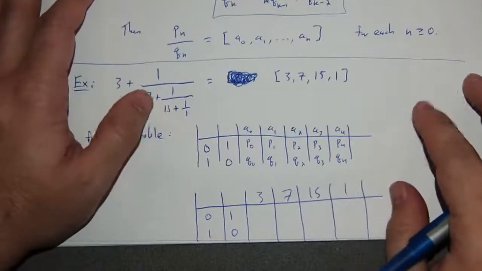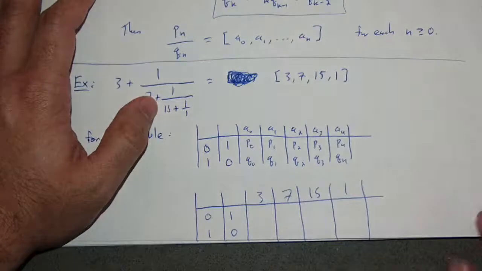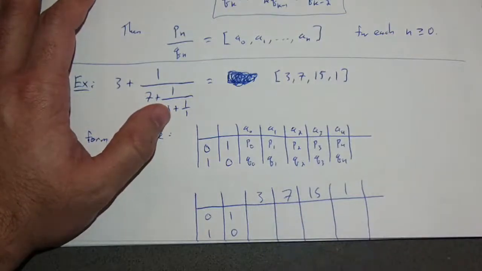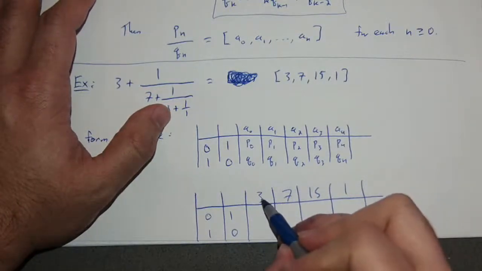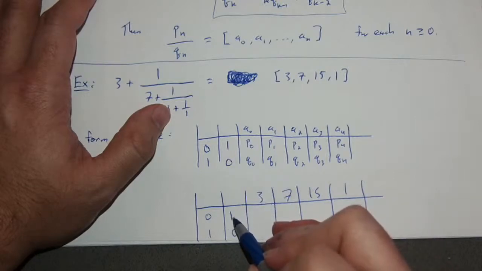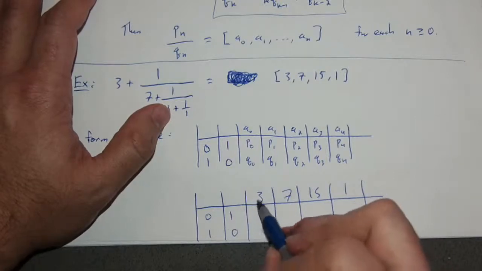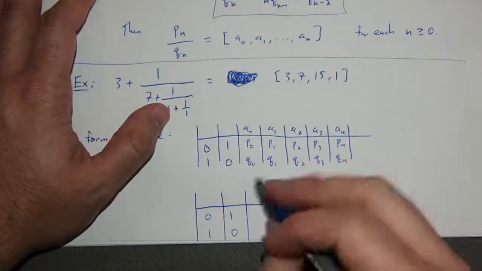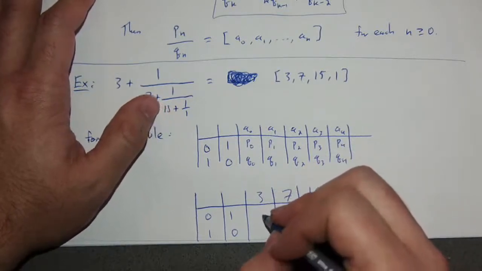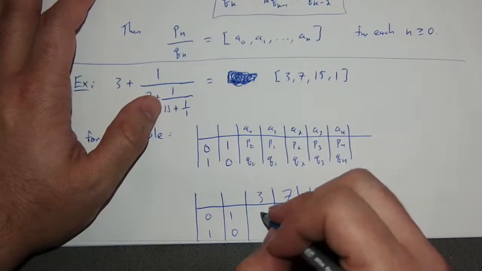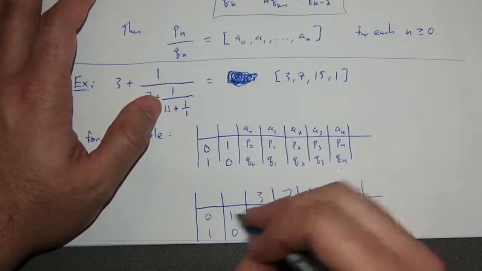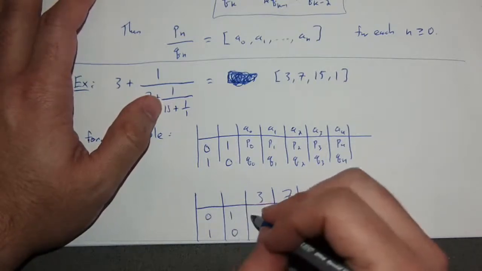Rather than trying to remember the indices, the easiest way to do this is looking at this table. You take this entry here, you multiply it by the previous entry in the first row. If we are computing the entry in this row, then we use the previous entries in this row.